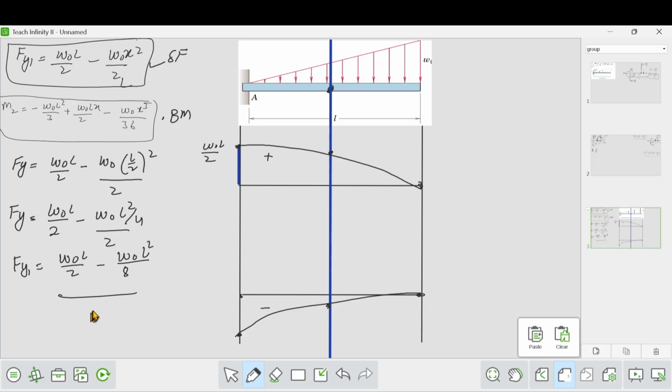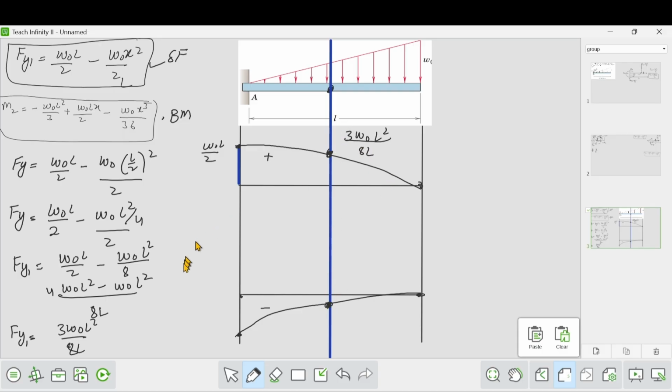If I take the LCM of 8L, it will become 4 omega naught L square negative omega naught L square. So F_y1 is equal to 4 minus 1 is 3 omega naught L square divided by 8L. So at this place the shear force will be 3 omega naught L square divided by 8L.